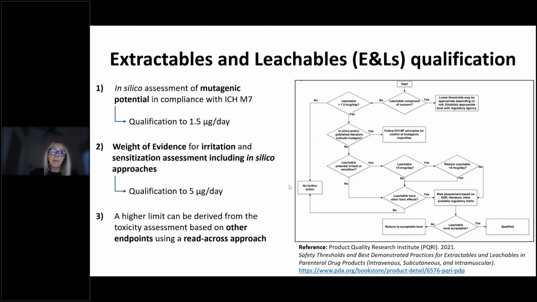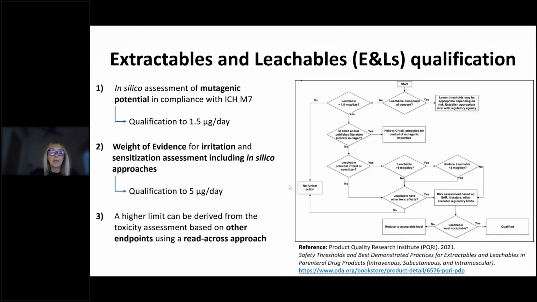In the next step, a weight of evidence approach is envisaged with respect to irritation and sensitization, which also takes into account the use of in silico approaches. At this stage, if an extractable or leachable is identified as a strong irritant or sensitizer, the qualification limit is set to 5 micrograms per day, the next limit after the 1.5 micrograms per day.